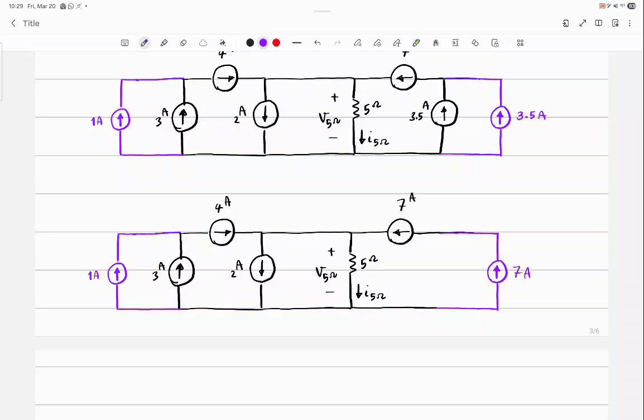So they are pushing the current to that node at the top, both of them, each one 3.5, so you can replace both of them with a 7. How about to the left side? You have one 3 amps going up and one 1 amp going up. So I can get rid of the 3 amps and replace the 1 amps with 4 amps, right?